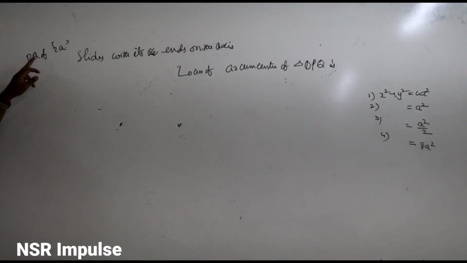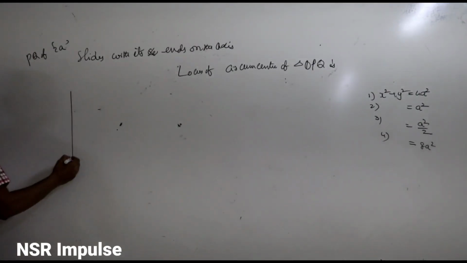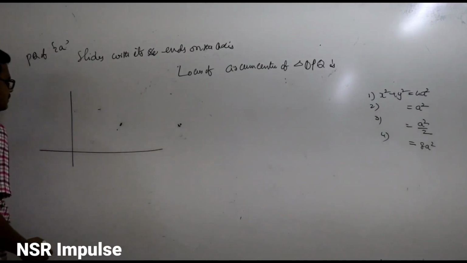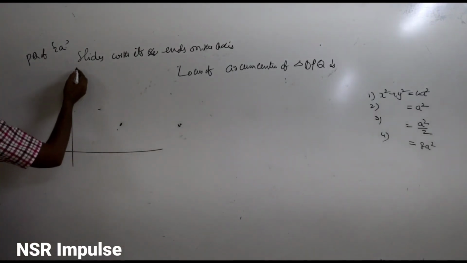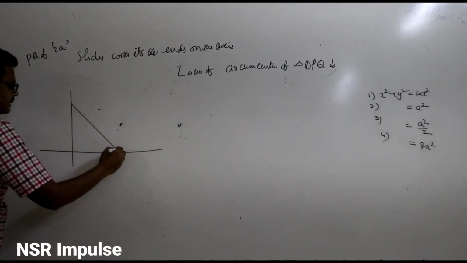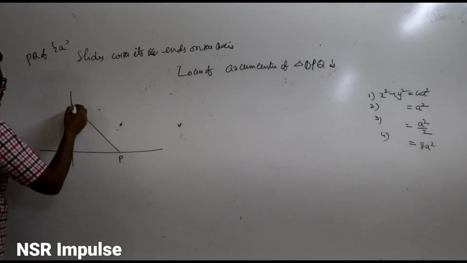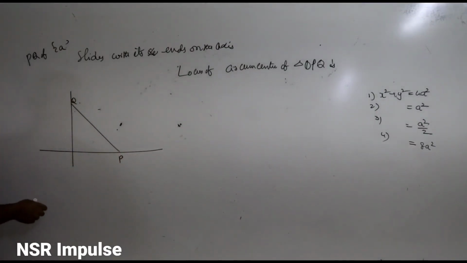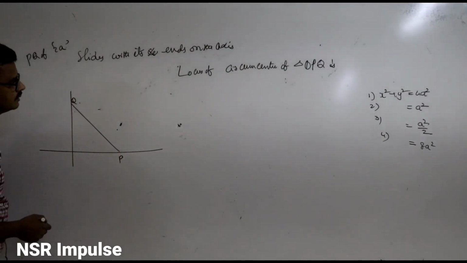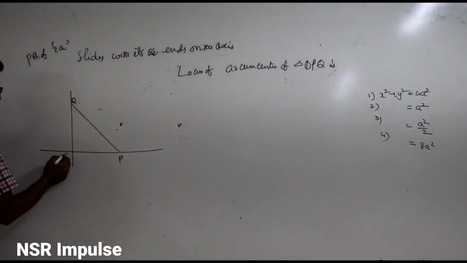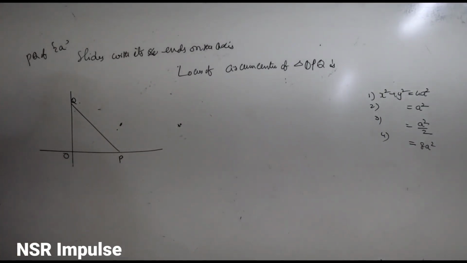A rod PQ of length 2a slides with its ends on the axis. This point is P, this point is Q. Then the locus of circumcenter of triangle OPQ.